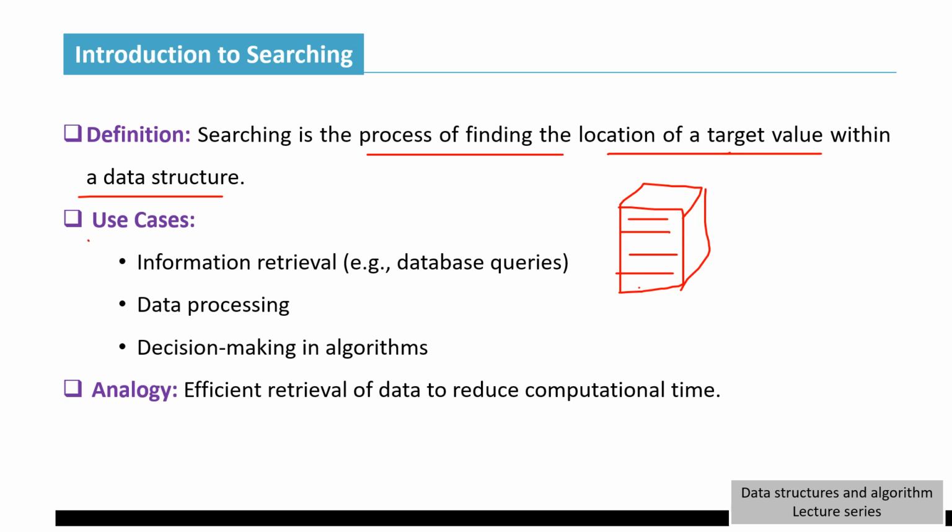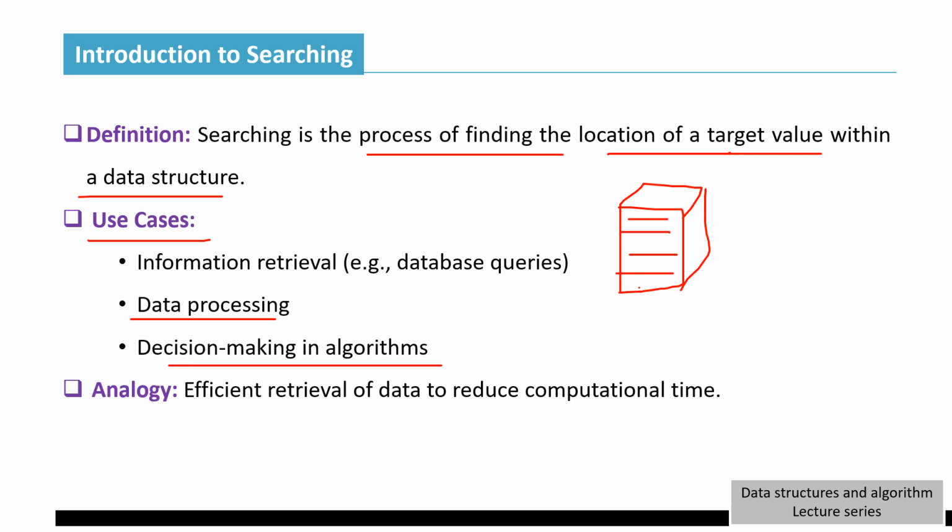Use cases can be information retrieval. We want to access some specific information, like searching a word in a document or a record in a database, right? Then data processing, when we filter or locate specific values in an Excel sheet.